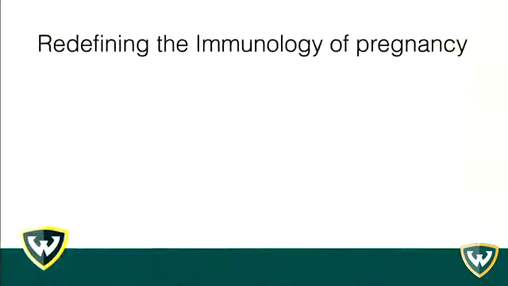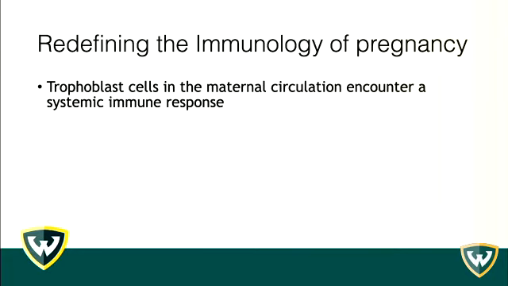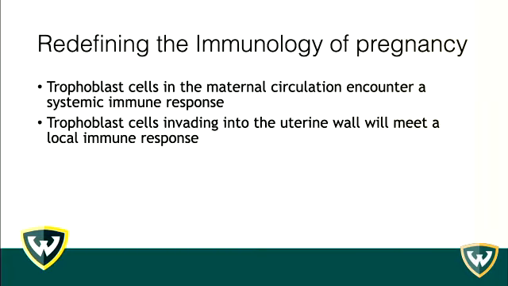So based on this, several years ago, we tried to redefine what we call the immunology of pregnancy. Because in reality, it's not a fetal-maternal interaction. It's really the trophoblast cells that are interacting with the immune cells in the maternal circulation, or the same trophoblast cells who are invading the uterus are interacting with immune cells present in the uterus.